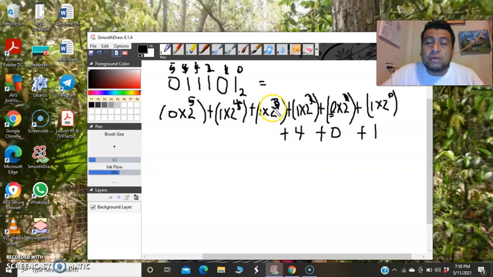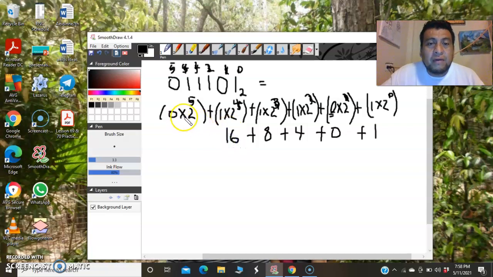This means 2 times 2 times 2, all right, which means 2 times 2 is 4, 4 times 2 is 8, 8 times 1 is 8, okay, plus the 2 multiplied 4 times: 2 times 2 is 4, 4 times 2 is 8, 8 times 2 is 16, 16 times 1 is 16.